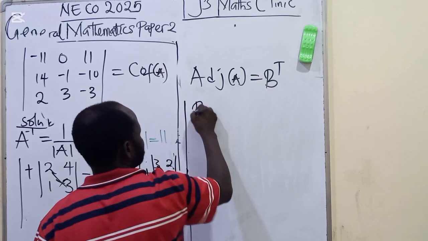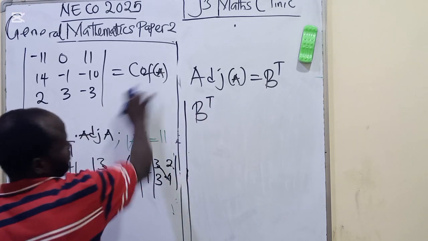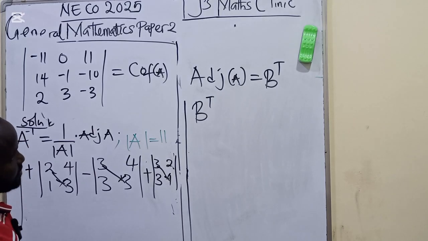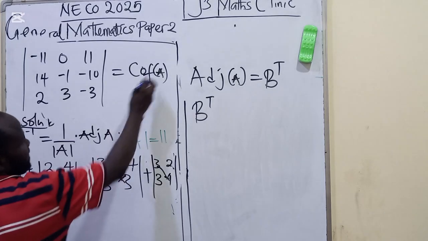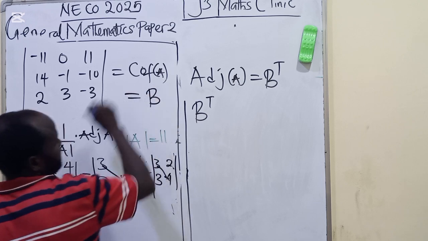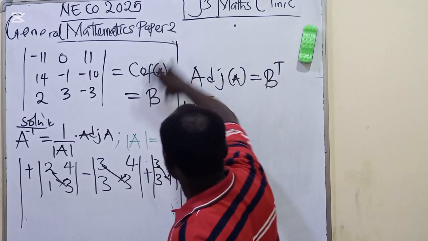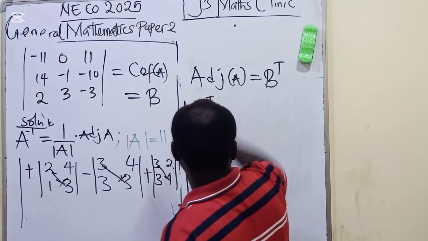And this B transpose is the same thing as the transpose of this cofactor now. Let the adjoint of A be B transpose. And let this cofactor be B. So if you transpose this cofactor, this B, it will be the adjoint.